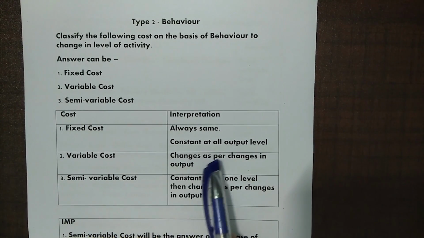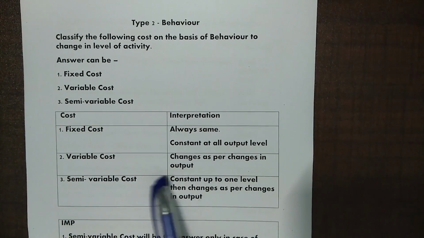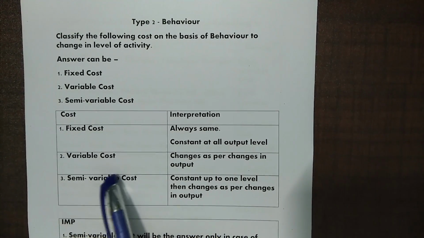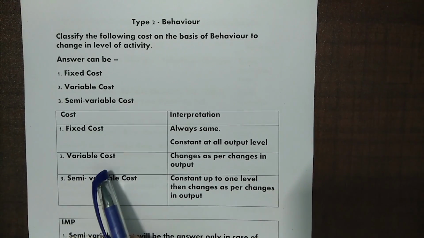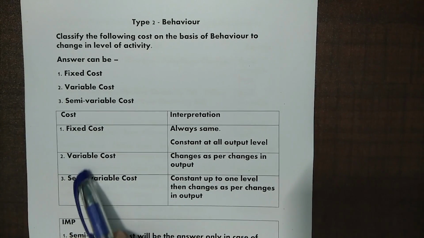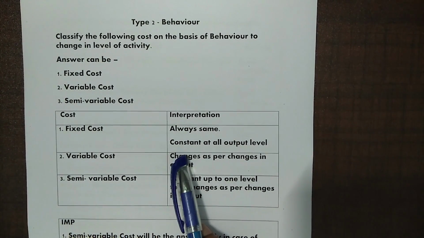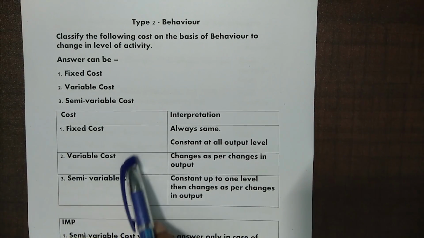Next one is the variable cost. Variable cost is such type of cost which changes as per the changes in output. Suppose I download 1 MB of data, my charges are as per the 1 MB download. If I download 100 MB, my charges will be different.